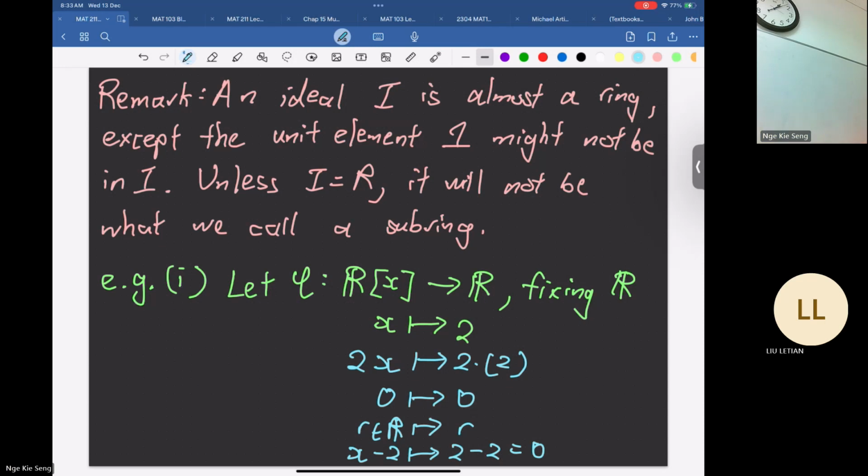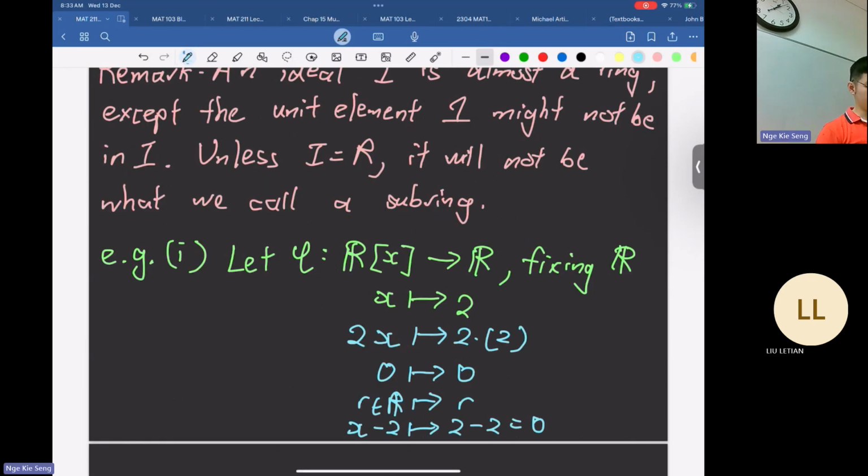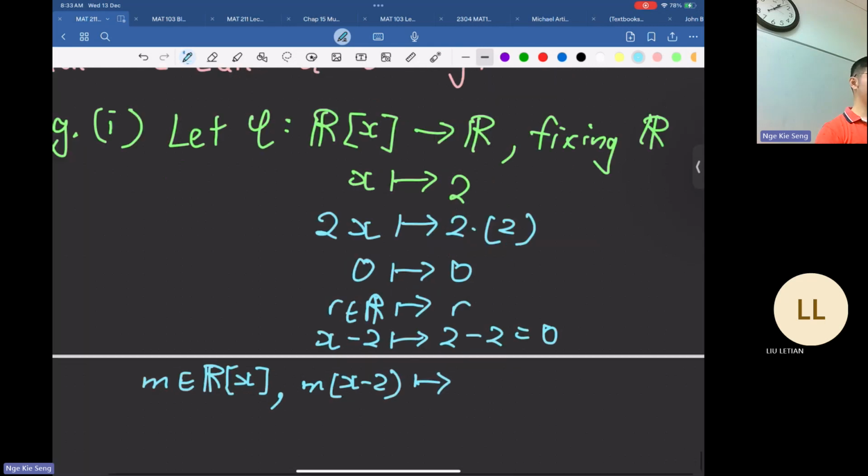And then what else goes to 0? Ax minus 2a, what is that? Let's take anything in your polynomial ring and multiply it by x minus 2. What do you always get?